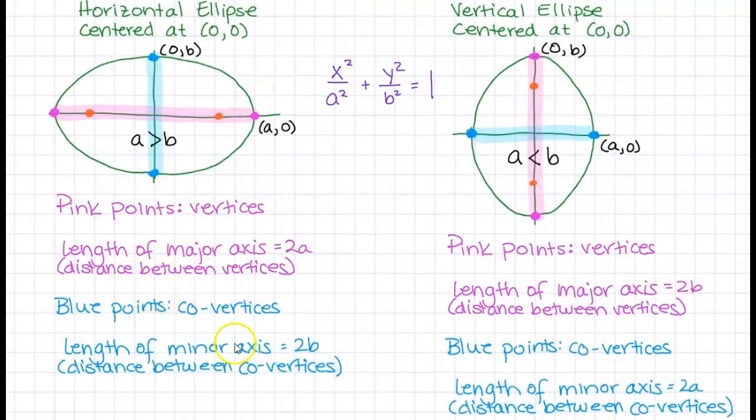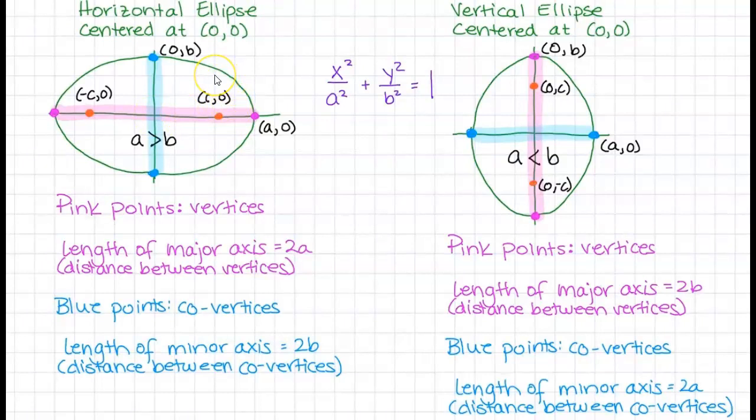So the minor axis is a shorter distance. Now the other thing is c. Let's not forget c. So remember these points right here. This one is at (-c, 0). This one's at (c, 0). These guys on the vertical ellipse are going to be at (0, c) and (0, -c). So c is the distance from the focus to the center.